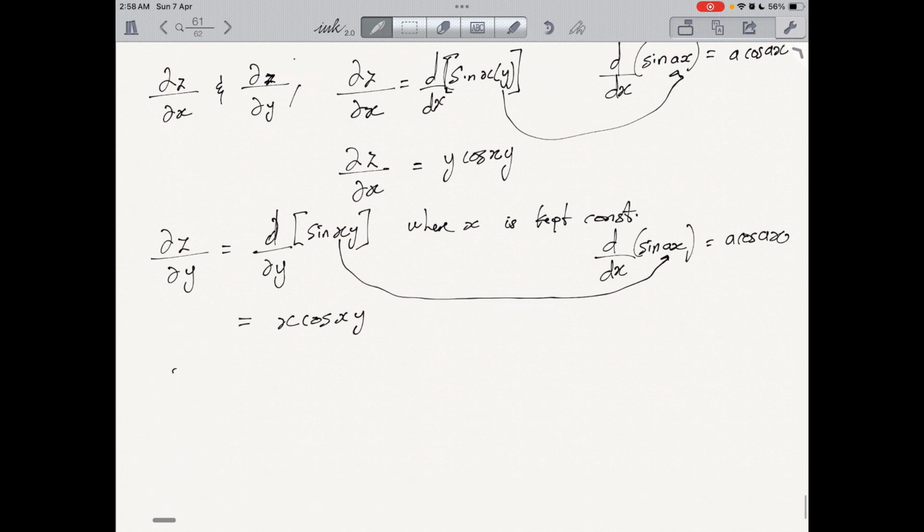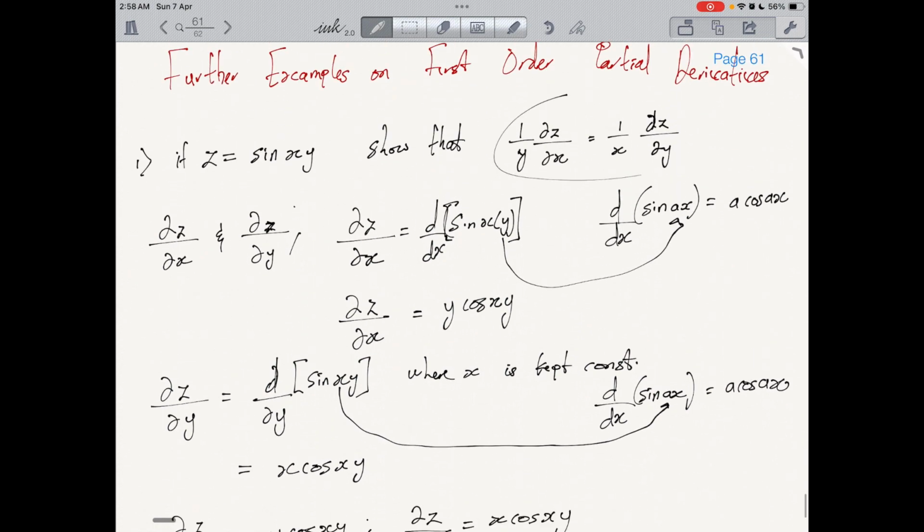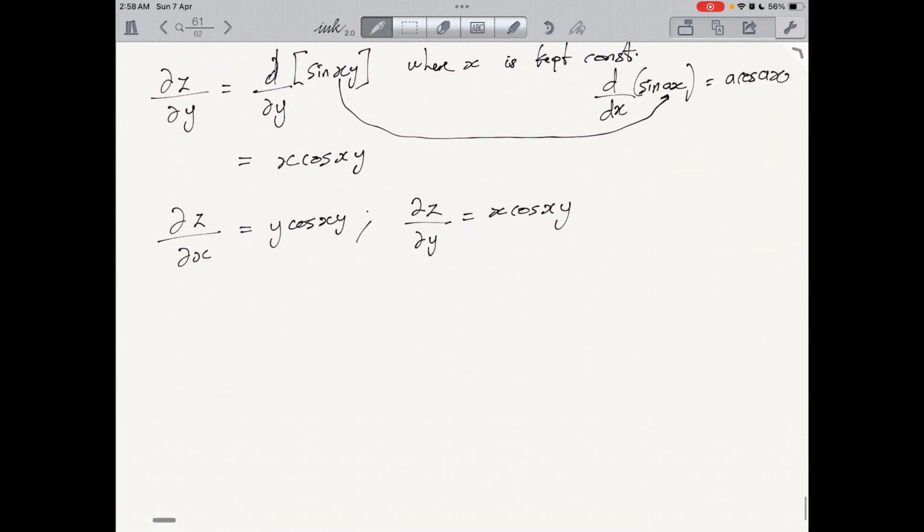Now we understand that partial derivative of z with respect to x is y cos xy, and partial derivative of z with respect to y is x cos xy. And we are asked to prove that 1 over y dz dx is equal to 1 over x dz dy.